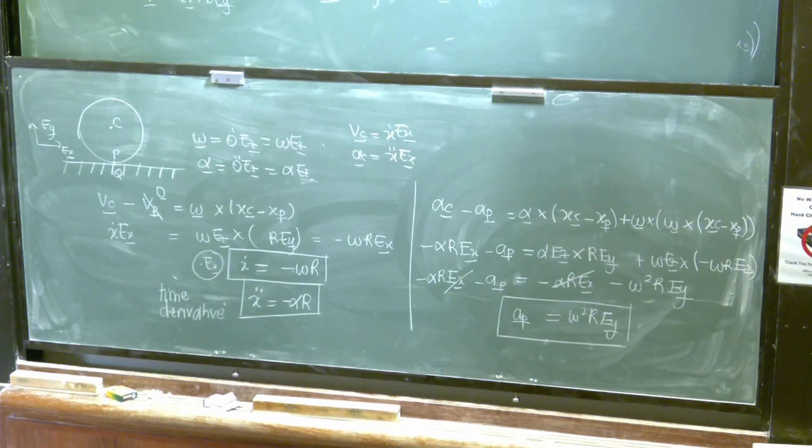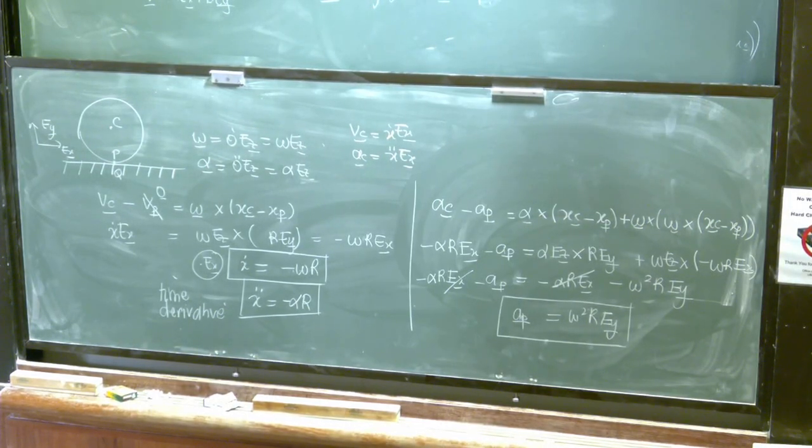Yes? How come the acceleration is only upwards and not going to the acceleration as well? Because it's rotating, right? It is rotating, but at this instant, it's instantaneously rotating about P. So the calculations show it, but if you think about it intuitively, point P is not sliding that way.